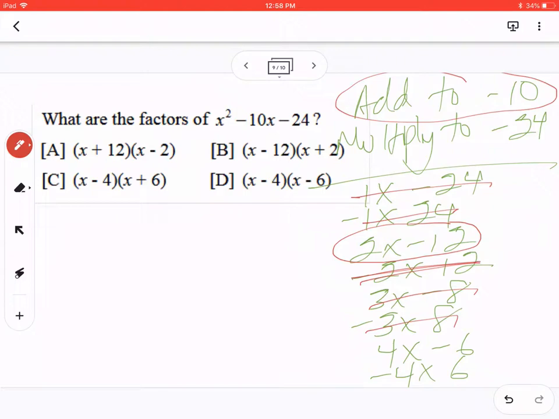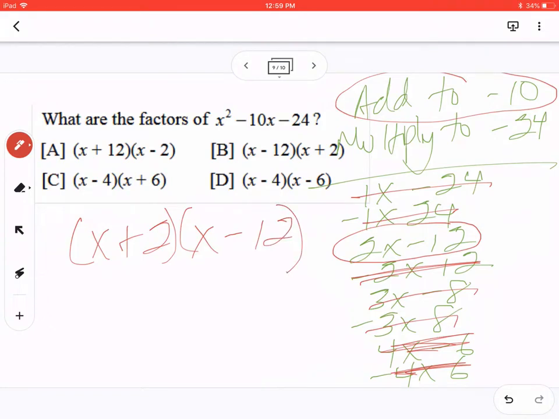However, in this case, our pairs are 4 and negative 6, which would add to be a negative 2, and negative 4 plus 6, which would add to be a positive 2. The pair of integers that we want to use is positive 2 and negative 12. And this is going to be x plus 2 and x minus 12. Choice B.